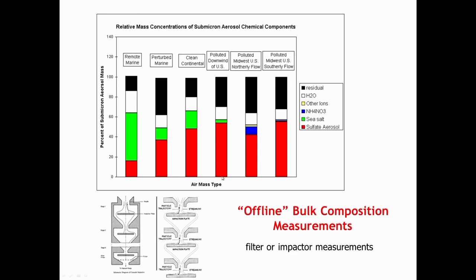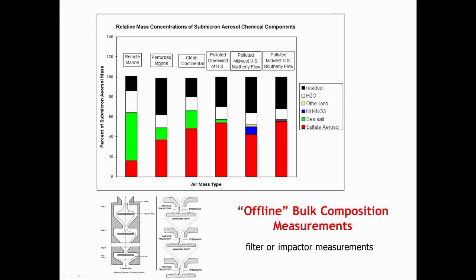So the sorts of filter technique results that you get can tell you something like this. So how much mass of an individual component is measured in a different regime. So in the remote marine, you're dominated by sea salt.